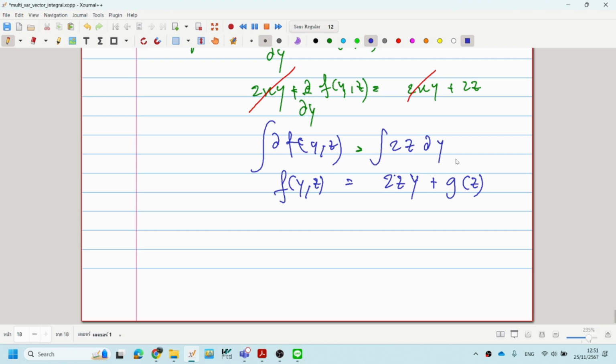The remaining term is the constant, should be g of the variable, right? C is the independent variable, and you don't know what g of c is yet. You must find it out from the next equation. Find out from the next equation what the g function is, using this from the third equation.